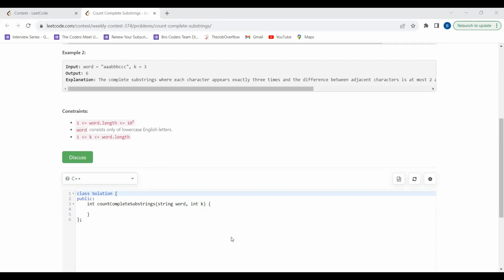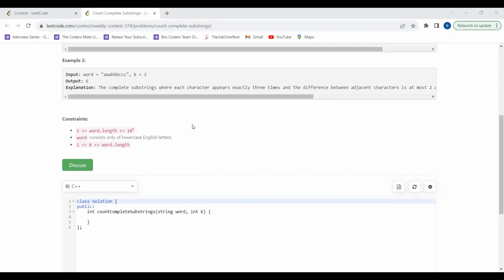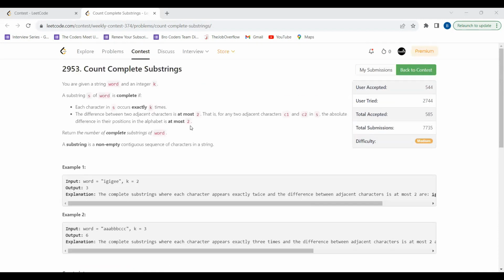Okay, so no one was able to solve this problem. Let's begin solving this problem.